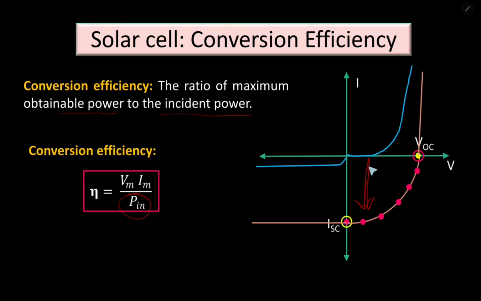If the amount of incident light energy is more, then this shifting will be more. Here we have seen that the VI characteristics of photodiode is shifted down from the VI characteristics of PN junction diode.